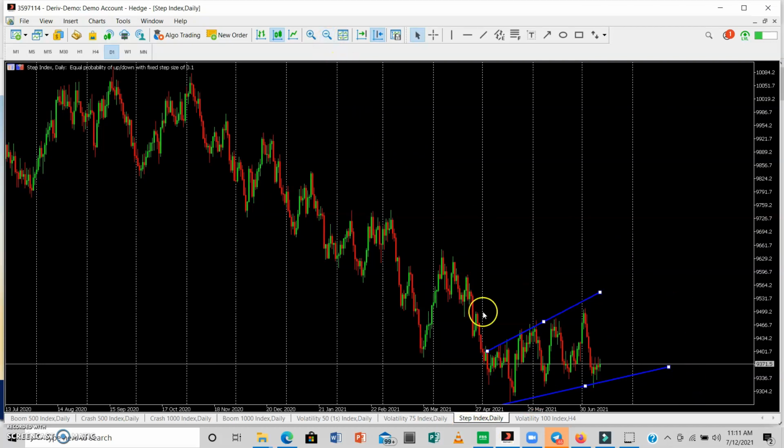But it seems like we are in a consolidation zone, because the type of channel I'm getting is not really showing a direction. It's mostly horizontal and not really showing the direction in which we're going.